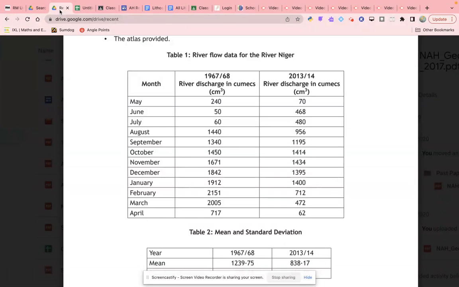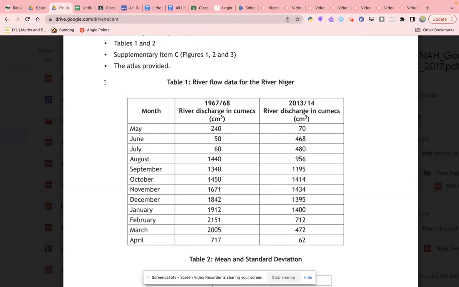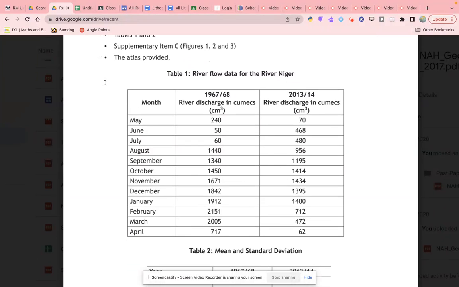Okay, in this exam question I'm going to show you, we have been given some river data for the River Niger in Africa. And we've been given the river discharge in cumecs across the year for the 1967-68 year, going from May through to the following April. And we've also been given the 2013 to 2014 discharge levels of the River Niger.